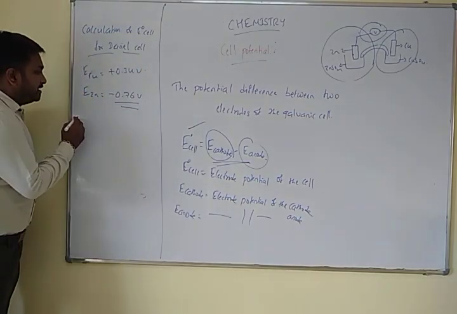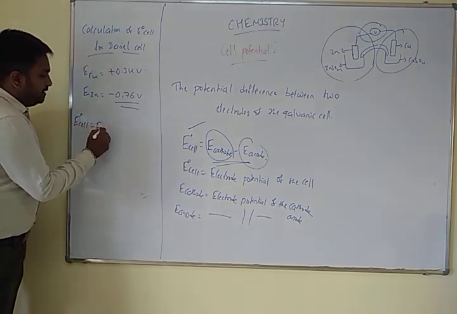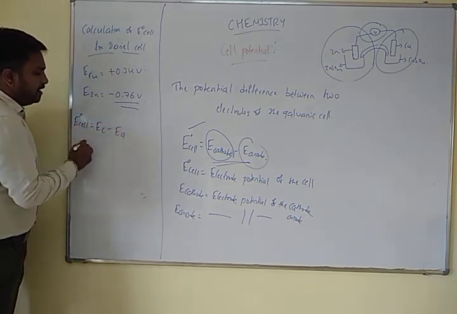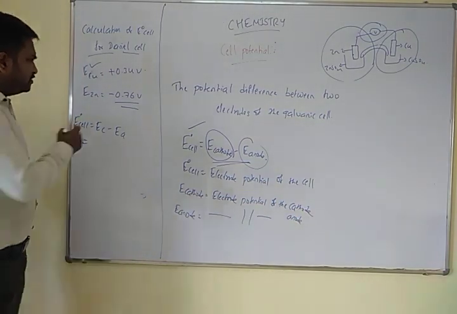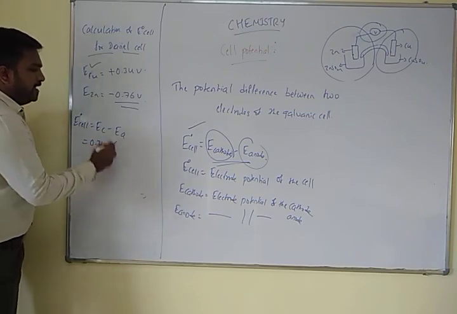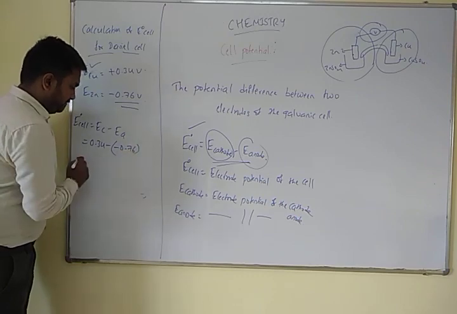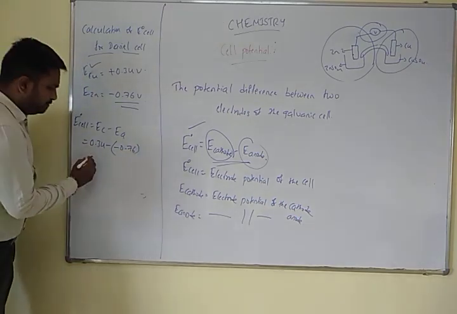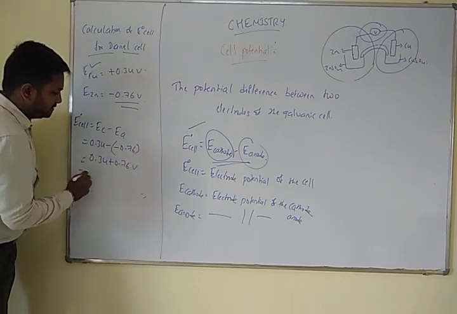So in order to calculate the E naught cell, E cathode minus E anode. In this, E cathode is copper, we have studied well. So E cathode is 0.34 volts, minus E anode, that of zinc, minus 0.76 volts. So minus and minus becomes plus 0.76 volts.